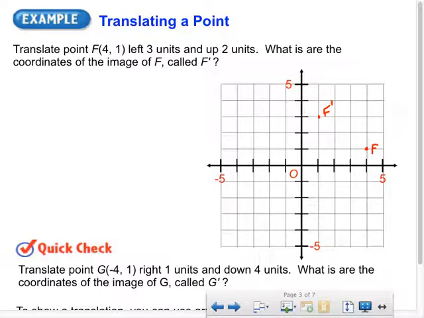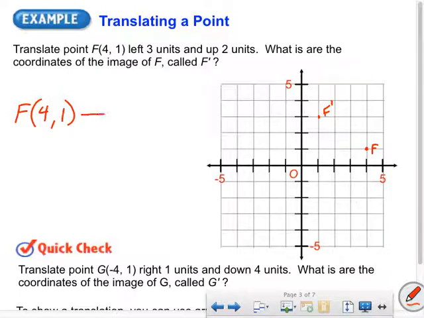Okay, so I want to show you something because it's going to be the point of the lesson later. I'm going to write this in red, and I'm going to use arrow notation for this. So here's how we write it. We had F, and F was (4, 1).